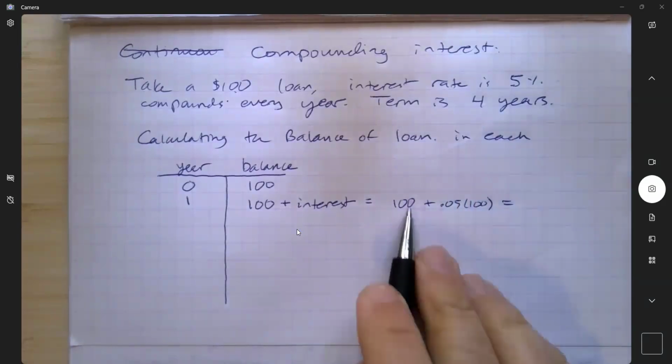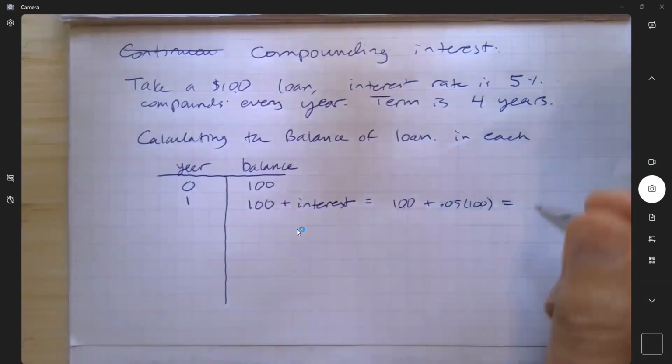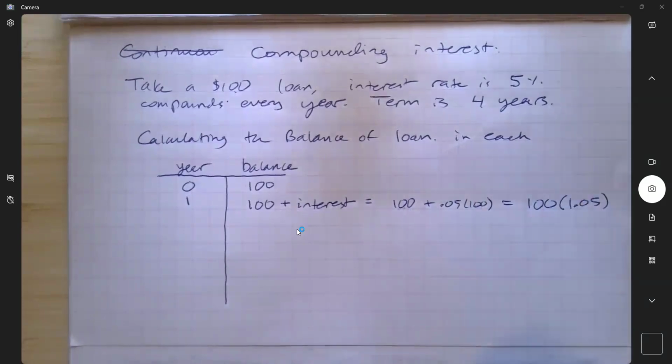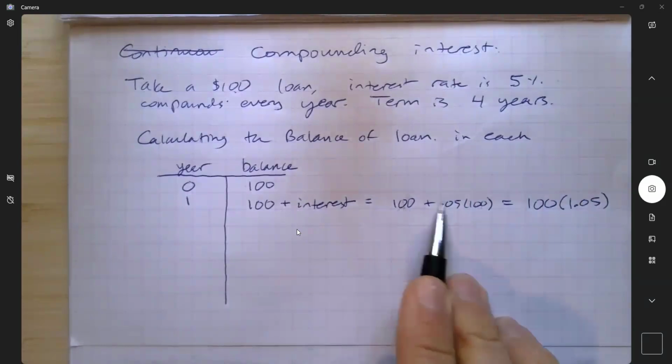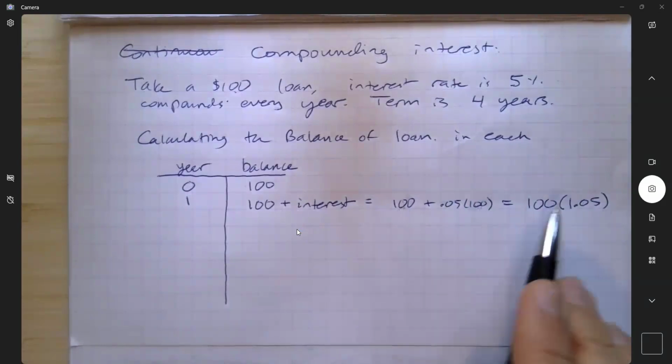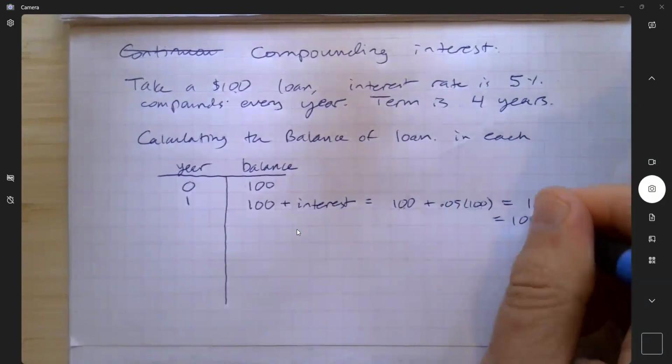But I'm going to rewrite this. Notice I have 100 here and 100 there. So that's actually 100 times 1.05. 100 plus 0.05 times 100 is 1.05 times 100, which is $105.